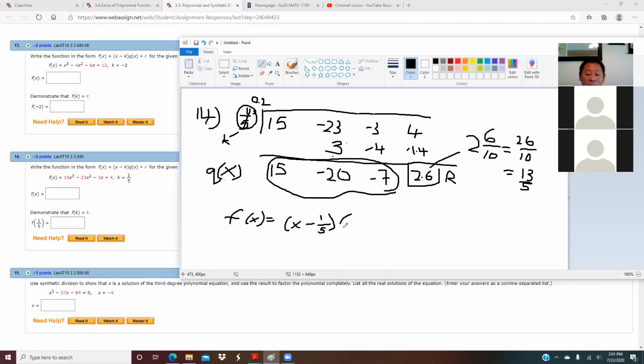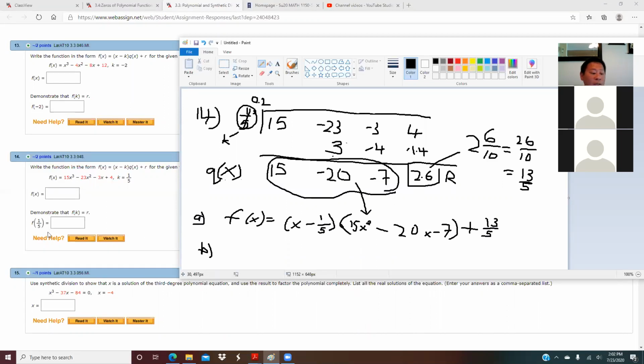And then all this will go to your qx. 15x squared, this is your qx, minus 20x minus 7, and then plus the fraction, this 2.6, which is 13 over 5. We just do that. Okay, this is how we do part A here.